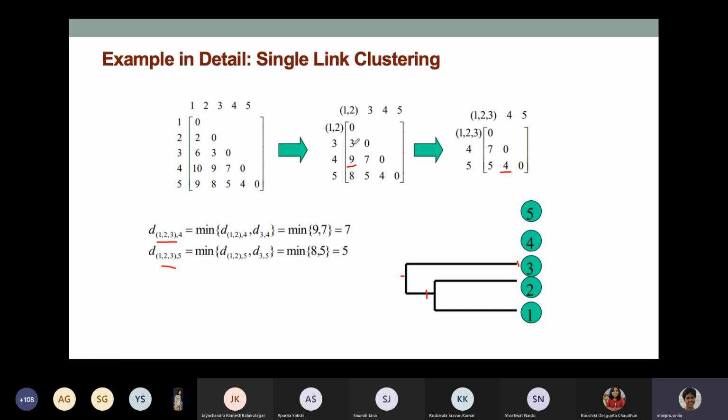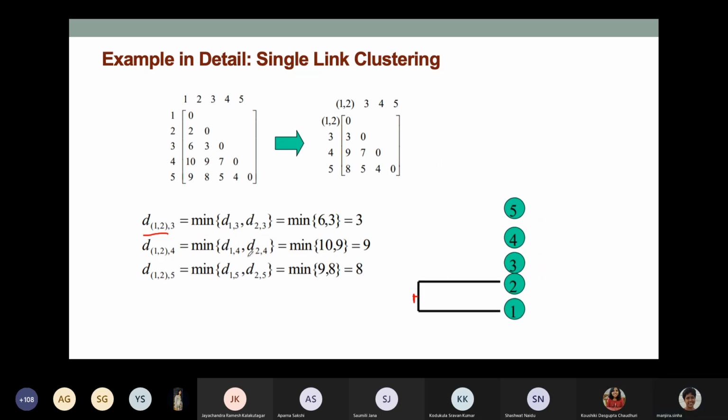Okay. So what is the minimum distance between the cluster 1, 2 and 3? See, this one. So it will not have 6 because 3 is the minimum. Is there any confusion at this stage?